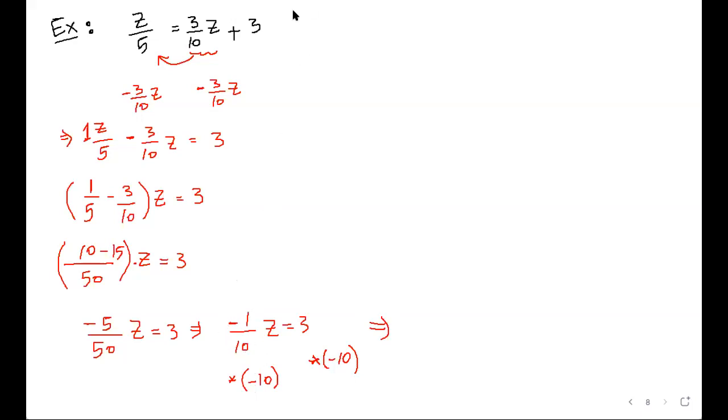So I get z equal 3 times 10, and this means z equal 30. Wait, would it be negative 30? Yes, negative 30, sorry. So here we have negative 10, negative 30.